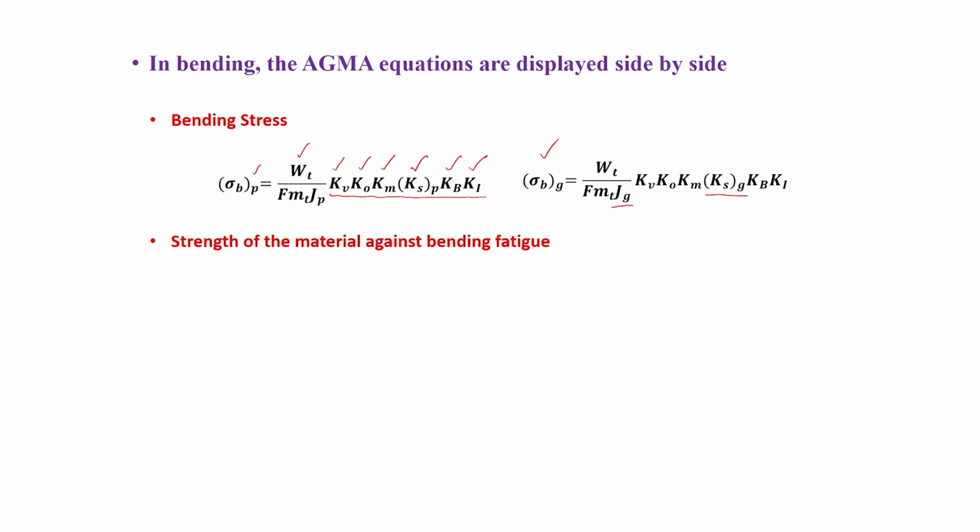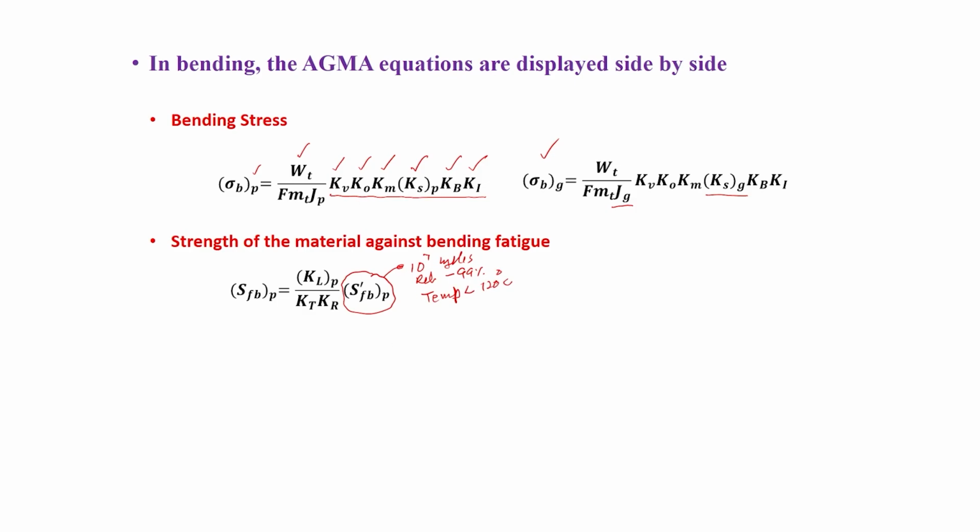Strength of the material against bending fatigue is determined from the AGMA material data, and that is for 10 to the power 7 number of cycles, reliability equal to 99% and temperature less than 120 degrees centigrade.